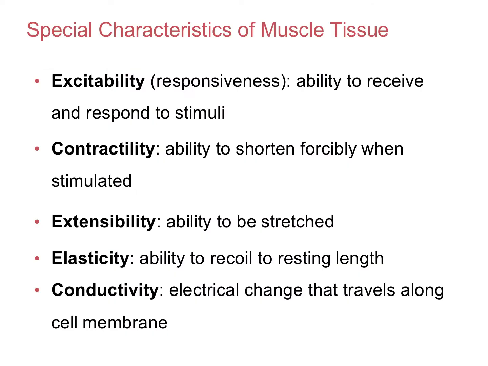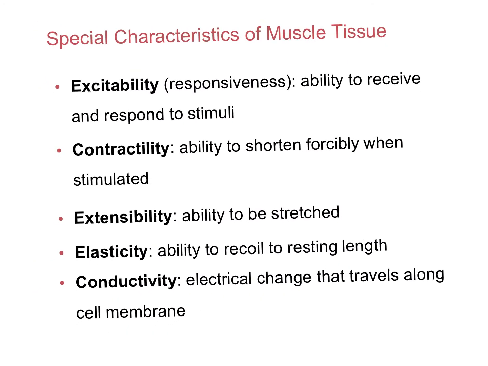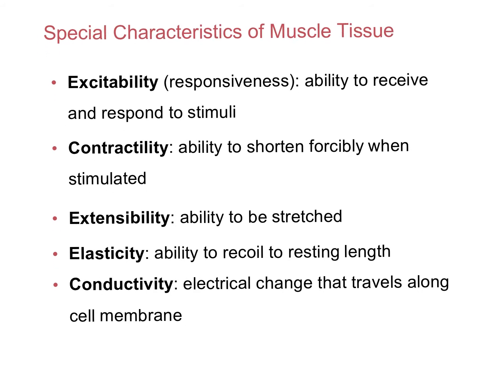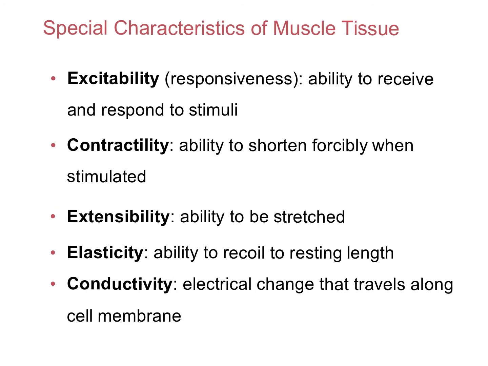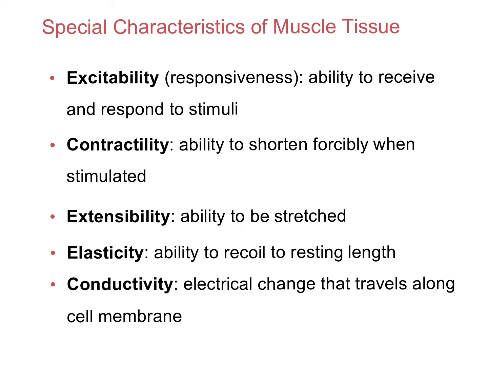Okay? All right. So, let's talk about the characteristics of all muscle tissue. And we've already talked about one of them. We've said all muscle tissue can do what? They can contract. So all muscle tissue has some type of contractility. It can shorten.